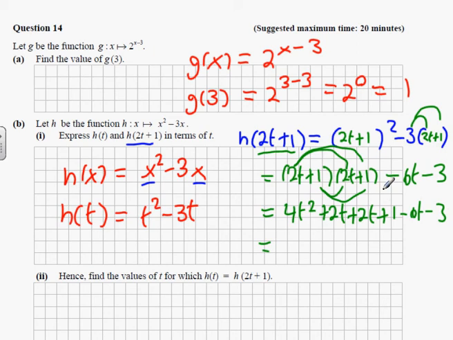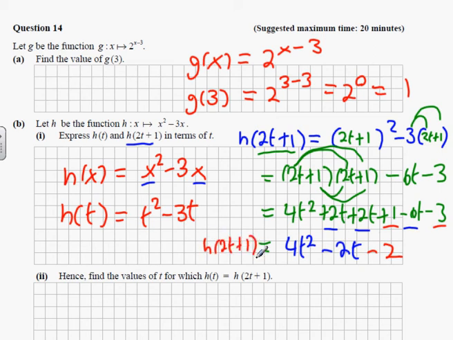After that, what happens? 4t squared. How many t's do I have? 2t plus 2t minus 6t, which is 4t minus 6t, minus 2t. 1 minus 3 is minus 2. And that is h of 2t plus 1.